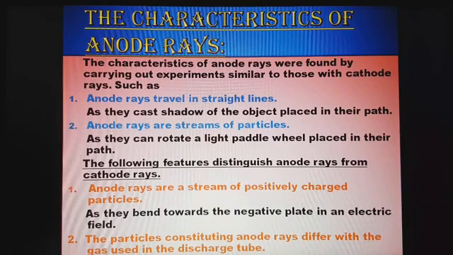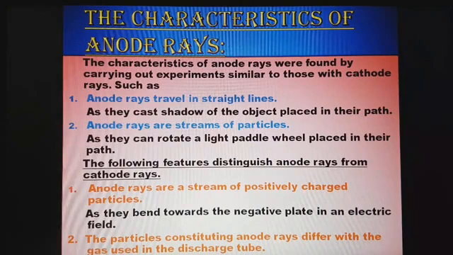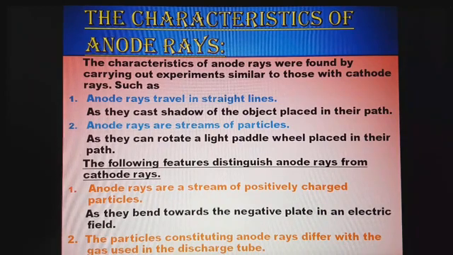They can rotate a light paddle wheel placed in the path, so this proved that anode rays are also a stream of particles. Because of that only, the paddle wheel was moving. It is due to the particles.